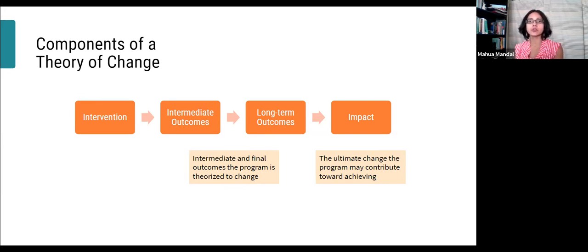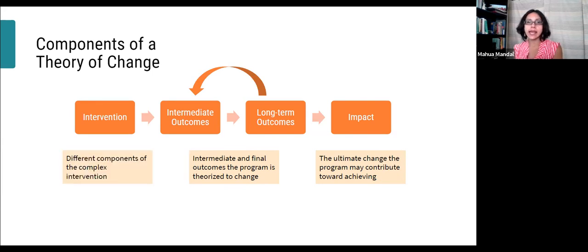And so these would fall within intermediate and long-term outcomes. Next. And then we have the different components of the intervention. The intervention includes the specific activities that the actual project or a portion of the project would implement.